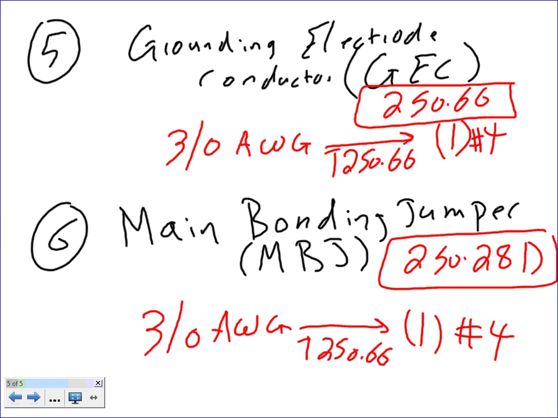What type of insulation for the main bonding jumper? Bare. You can. These are bare, they don't need to be insulated. They're grounding conductors. Can I put bare here? Bare. So emphasize it: bare.